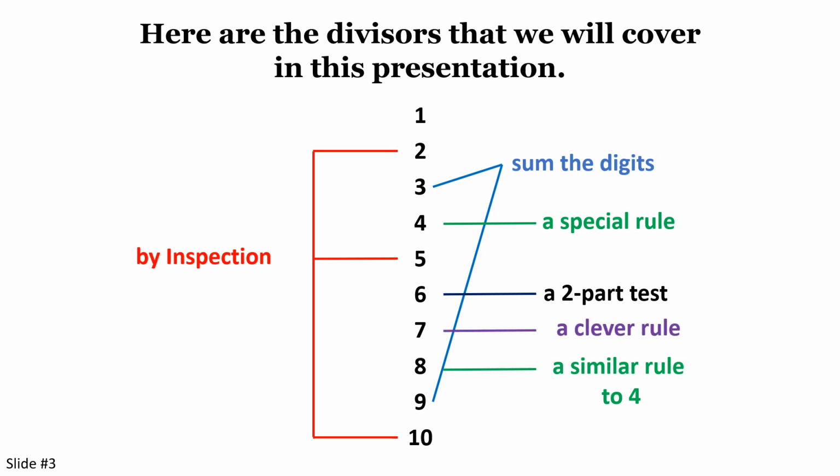And 7 is a clever rule, my favorite. And 1, seriously, you have to ask, every number is divisible by 1.